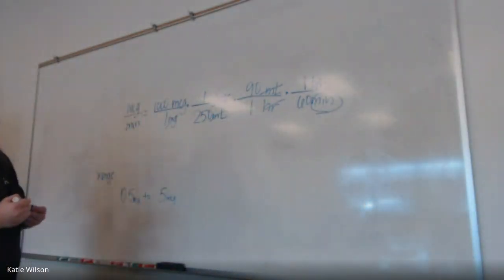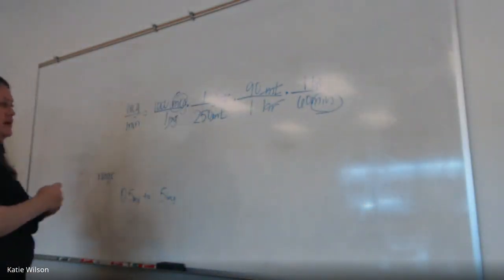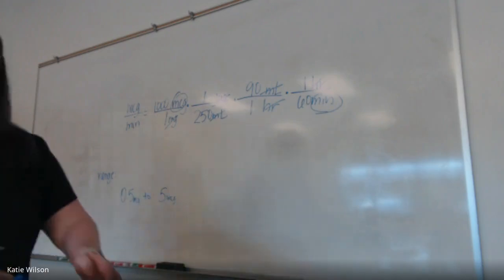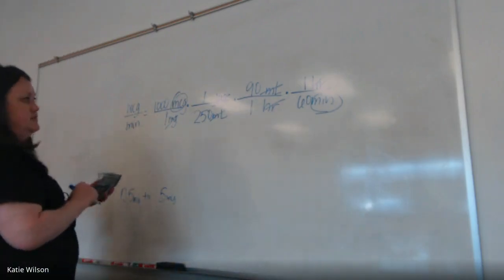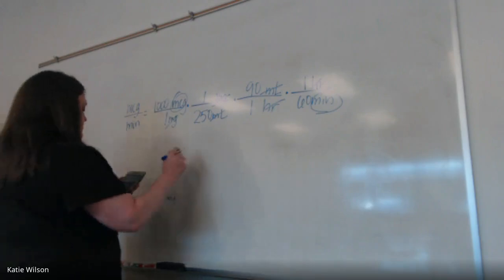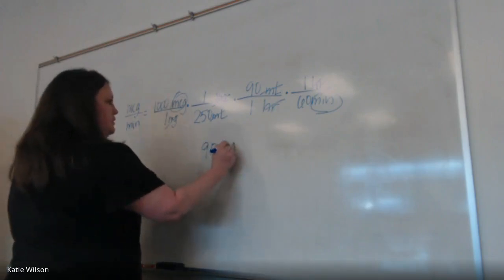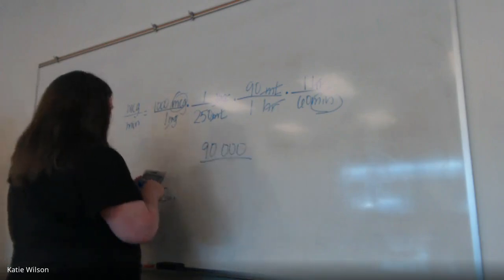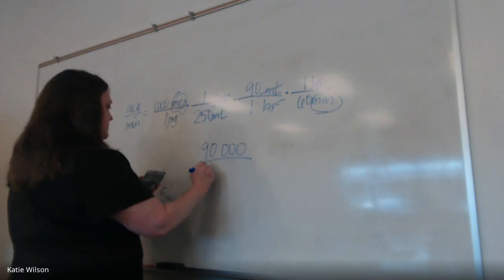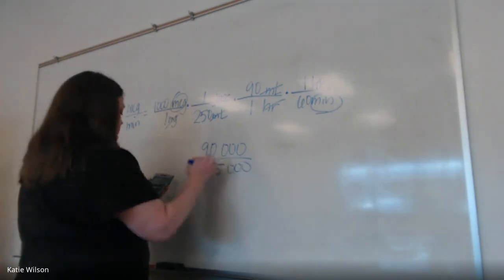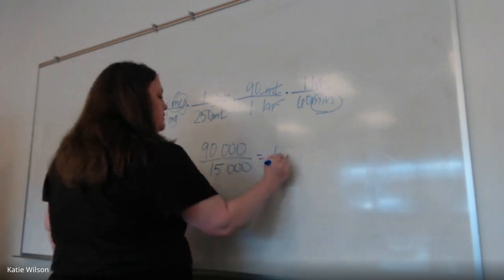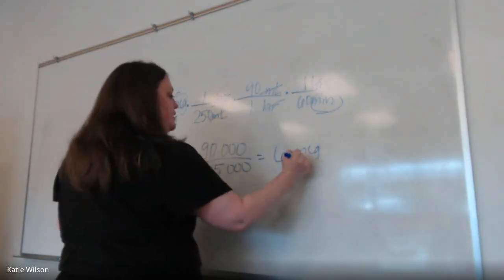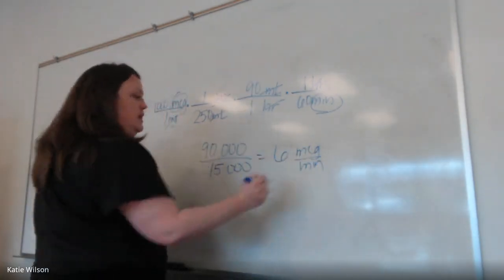Okay, so minutes on bottom, micrograms on top. 1,000 times 1 times 90. So our answer is 6 micrograms per minute.